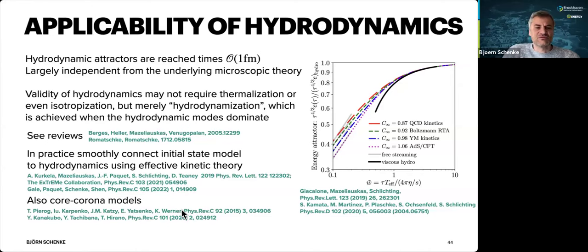And there's also core-corona models where people use the core of a system, that's the dense and high temperature part, and describe that by hydro. But the dilute edges, for example, are described from the beginning in more like a particle cascade model. So a combination of kinetic theory and hydrodynamics to be able to describe the dilute system better.